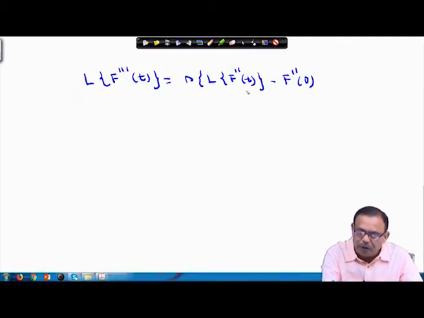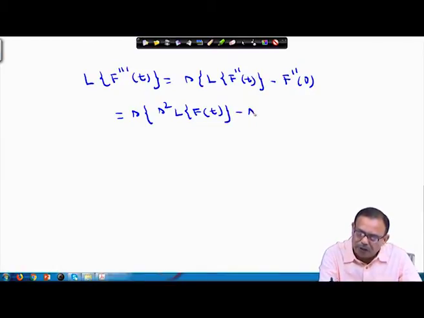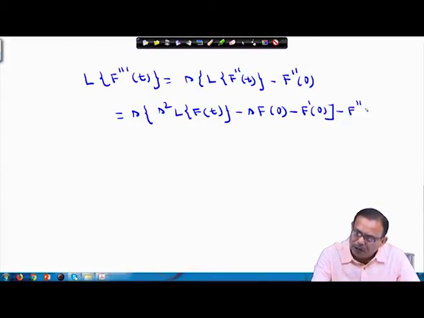Now, this Laplace transform of f double dash t, I know it from the last one: s square into Laplace transform of f t minus s into f 0 minus f dash 0, and using the second derivative we are getting minus f double dash 0.